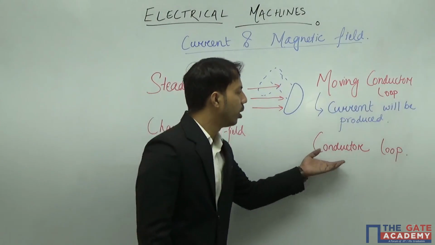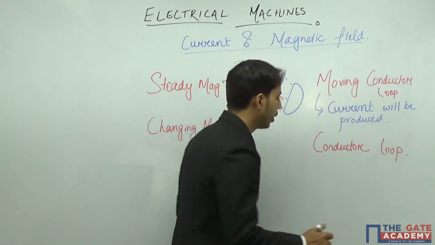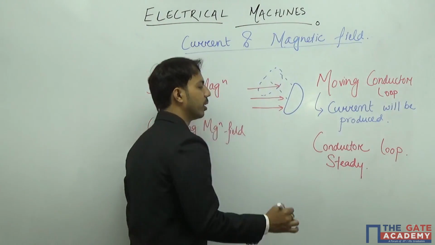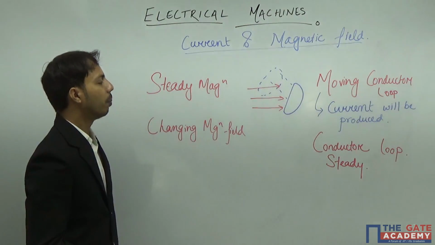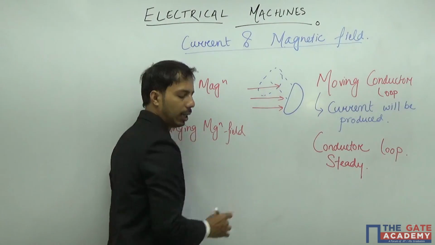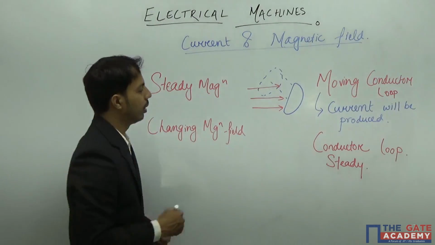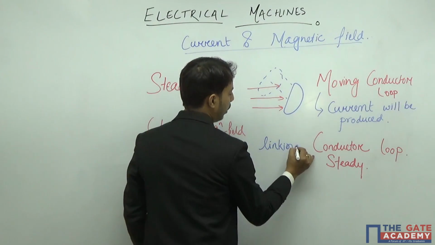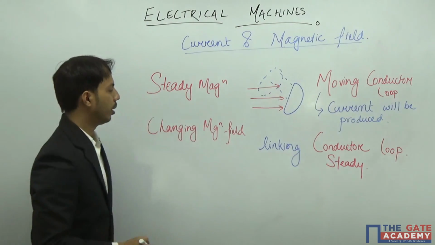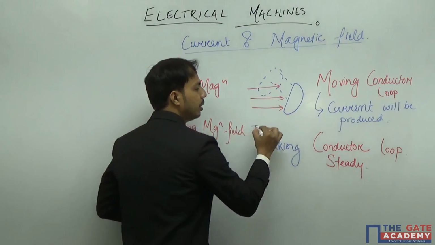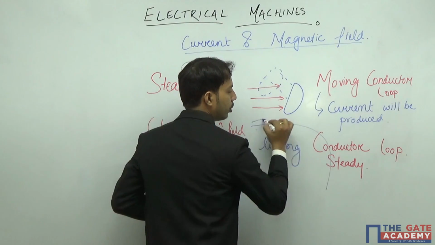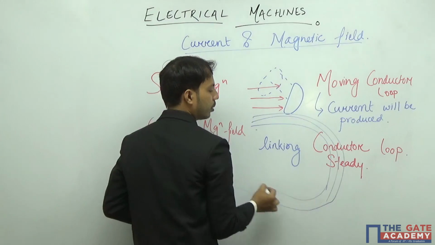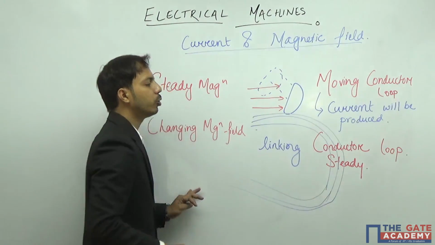So if I have a conductor loop which is not moving, or in other words steady, but this loop is linking, linking means this flux is passing through this conductor. That is what linking means.